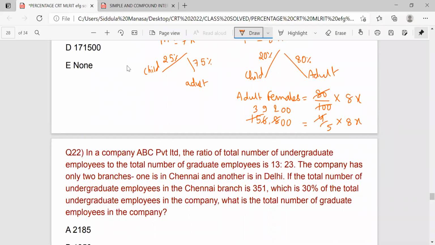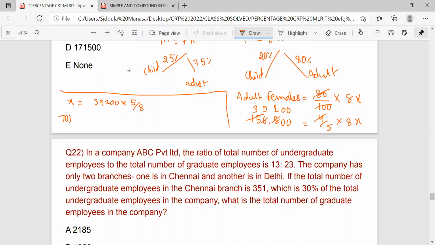Right? So here what we are getting, 8x is equal to, let me write, x equals 39,200 multiplied with 5 but divided with 8.